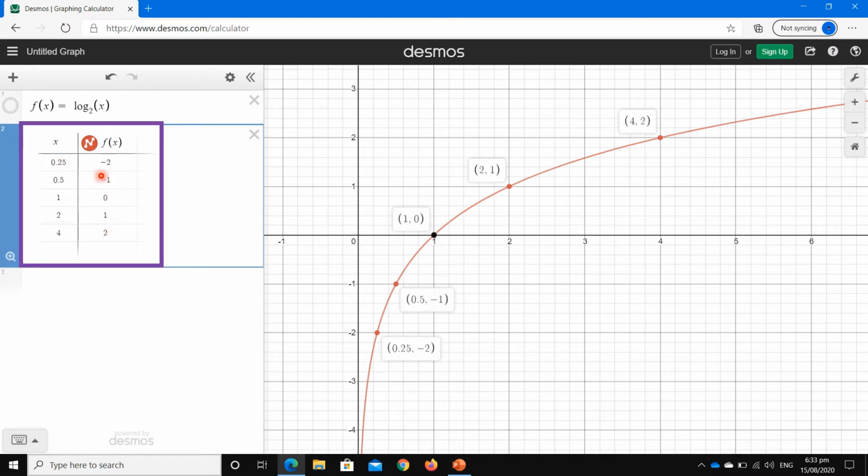Given these points, we will just plot these points in our graph and connect them. So we have here 0.25, negative 2, 0.5, negative 1, that is this point, 1, 0 is this point, 2, 1 is this point, and 4, 2 is this point. We will just connect these points, and now we will have the graph of the function log of x to the base 2.